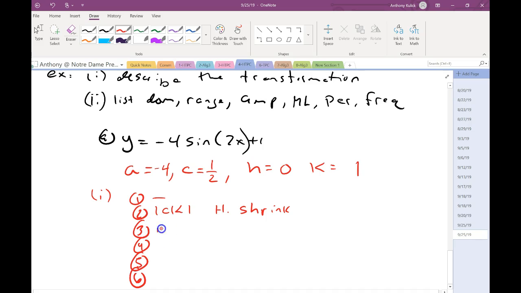Since the A is negative, I have a reflection across the x-axis. Since the absolute value of A is greater than 1, I have a vertical stretch. Since H is 0, there's no translation left or right. And since K is positive, it's up. And because it's 1, it's 1 unit up. Everybody okay with that idea?